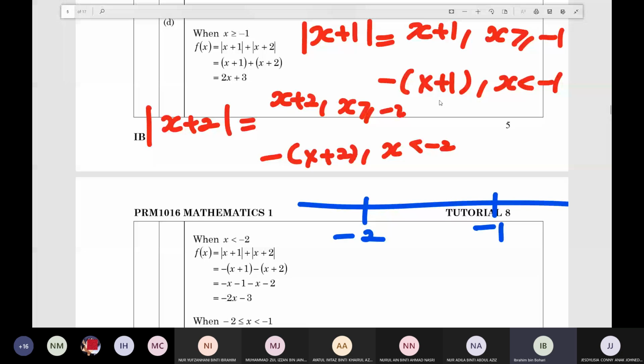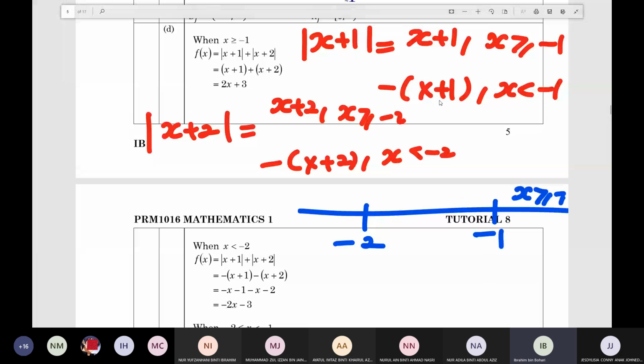You check from the right of the function, greater than or equals to the -1. So function greater than or equals to the -1, so I made this one number 1, the first interval. Function here, x plus 1, and then greater than or equals to the -2, this one you punya second function.